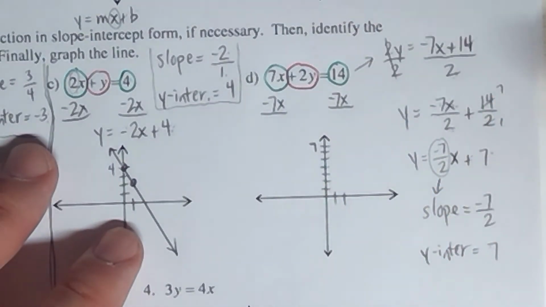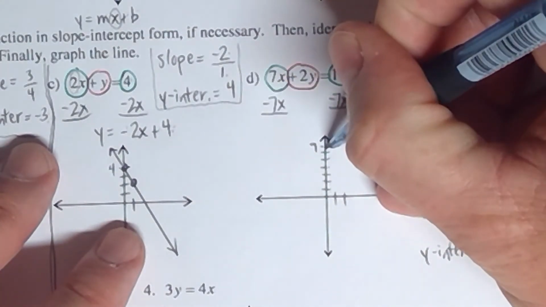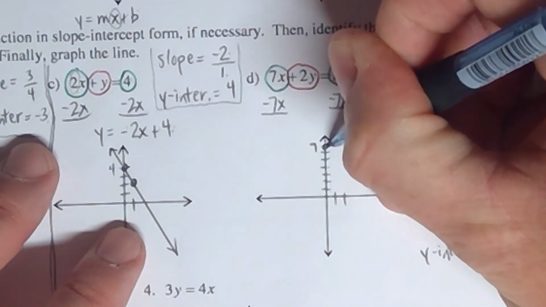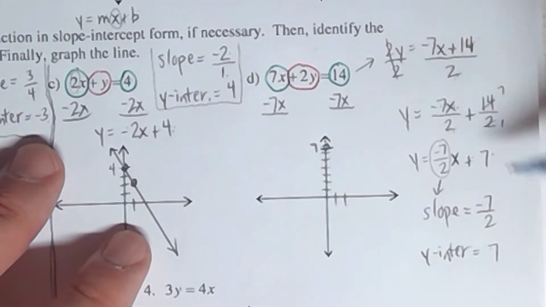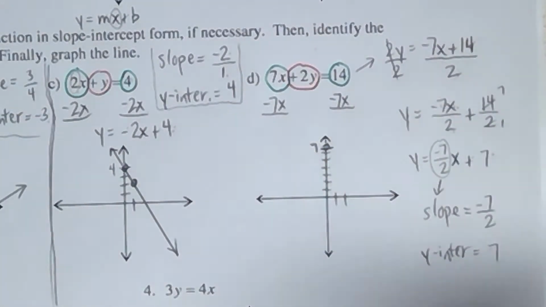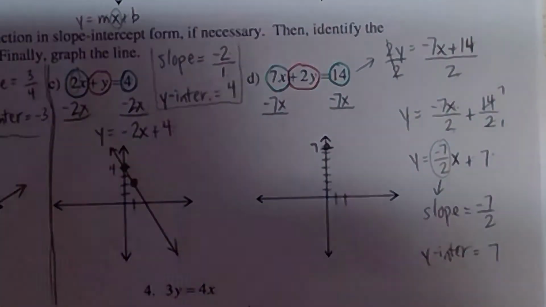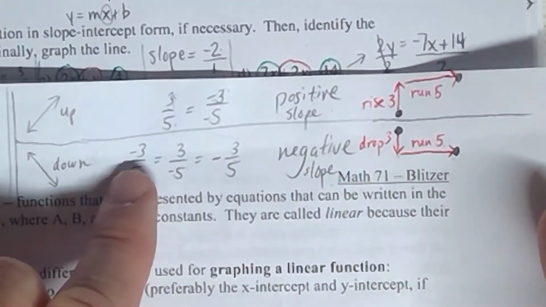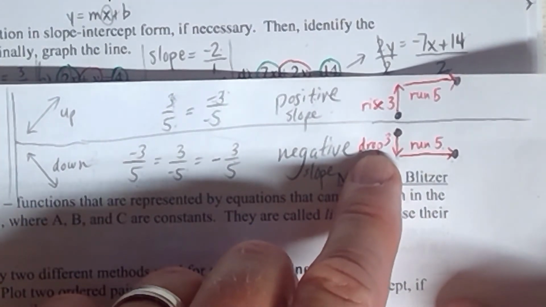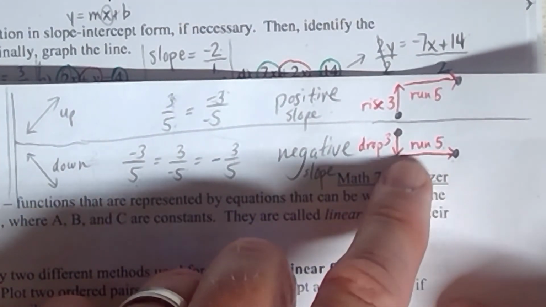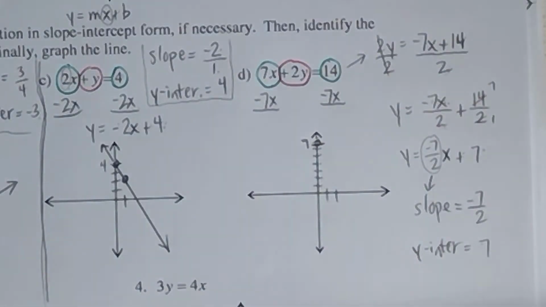Okay. So I start out with the y-intercept, as always, like we did in the last couple of problems. And then -7/2 fits into this description right here where it's negative divided by positive. And so we're going to drop 7 and run 2.